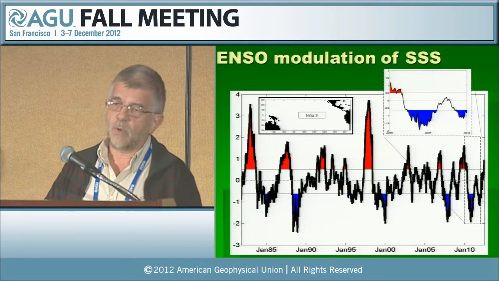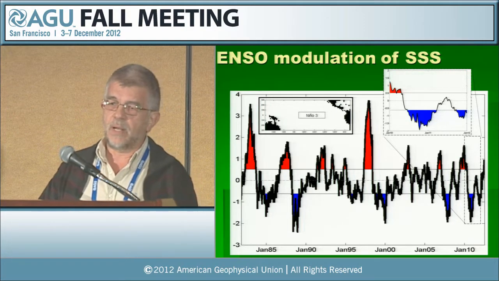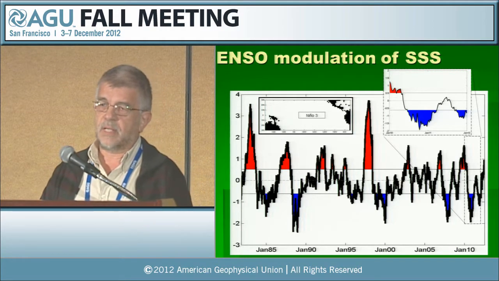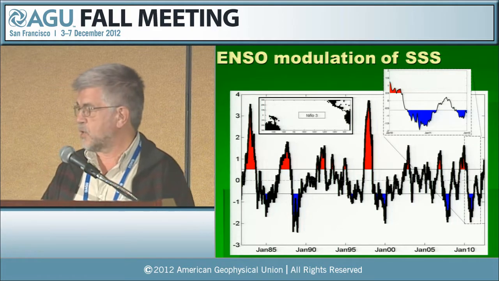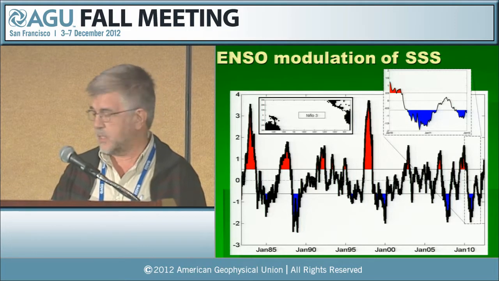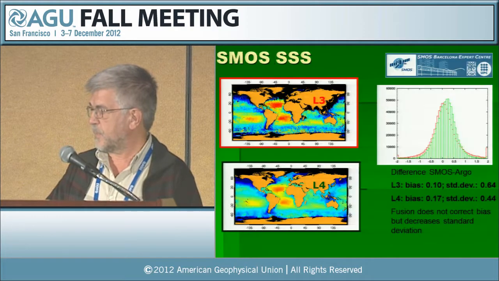It's clear that when SMOS was launched, by the end of 2009, we were in an El Niño phase, but after this, we have almost just La Niña conditions. You know that the SMOS commissioning phase ended in May 2010, so from then on, we are just observing La Niña conditions.